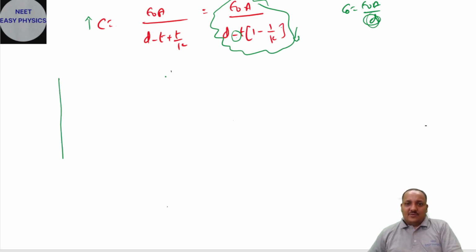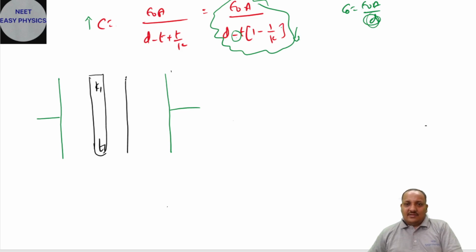Now, the same question: between two metal plates, they place two dielectrics or three dielectrics, n number of dielectrics. They can place any number of dielectrics. Once we get the logic, we can write all the equations. K2, T2.